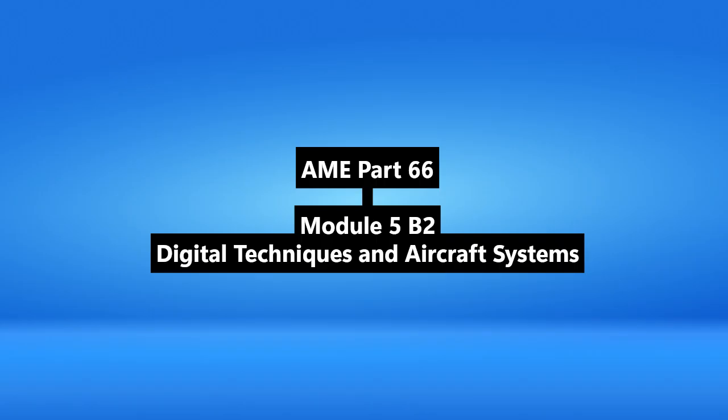Okay, that makes sense. But the module also talks about octal and hexadecimal. If binary is the base language, why bother with these others? Yeah, good question. It's really about practicality. Binary numbers can get super long and, frankly, pretty unreadable when you're dealing with, say, memory addresses or complex data. Right, pages of zeros and ones. Exactly. So octal, which is base 8, and hexadecimal base 16, they're just much more compact ways to represent those long binary strings.